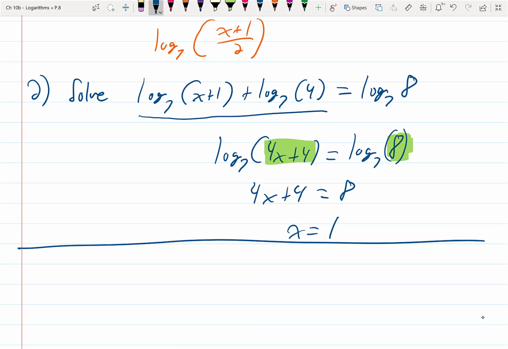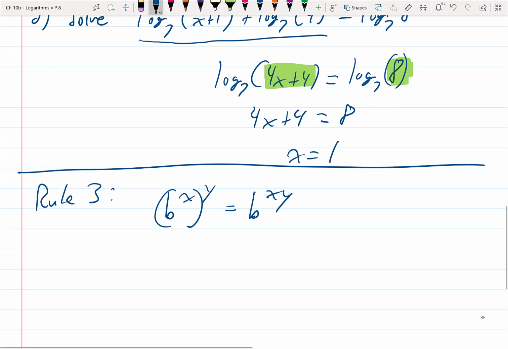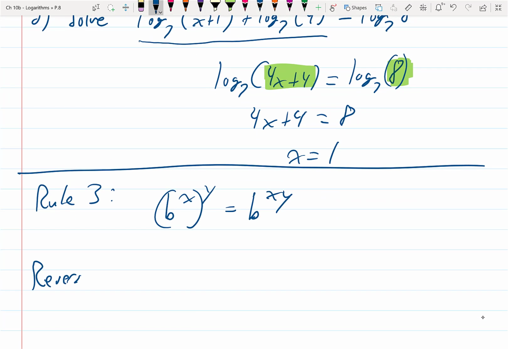Big break line, we're going to go to rule 3. We're going to wrap this up with the third of the 3 log laws. Rule 3 is this. B to the x to the y equals... reverse 3 is a weird one.